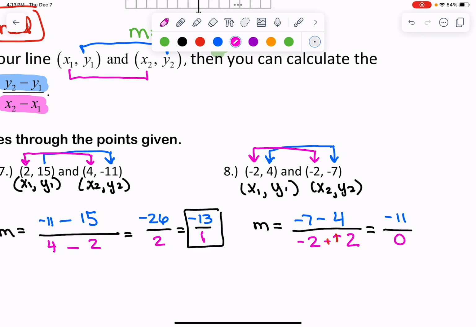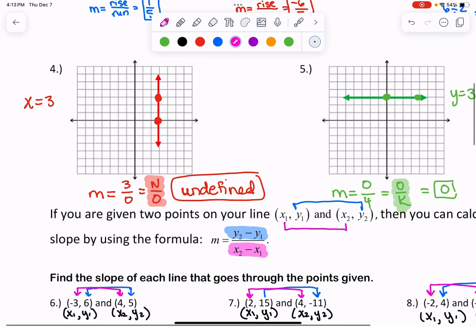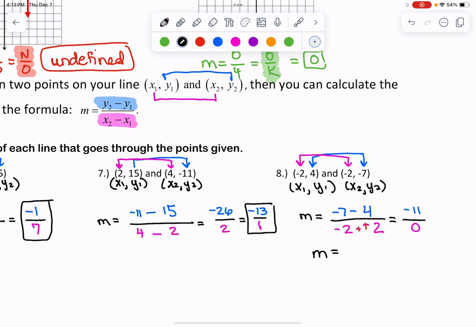Well, if we go back up to our example in number 4, we can see that when the 0 is on the bottom, it's undefined. So that's going to happen here. My slope is undefined. So M is undefined because we have a vertical line. And anytime we have a 0 in the denominator, we have NO, no.